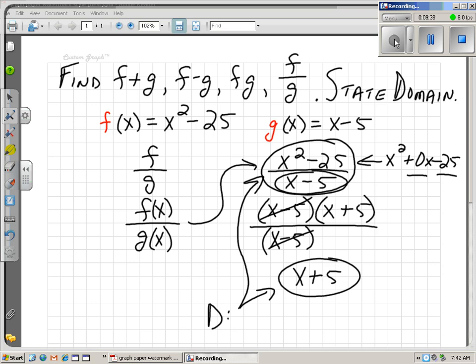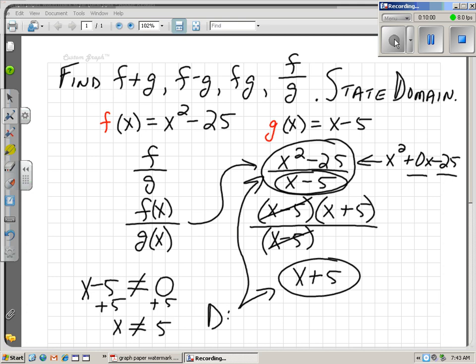Remember that our denominator cannot equal 0. So I'm thinking x minus 5, my denominator, cannot equal 0 because we can't divide by 0. So if I solve that, if I just add 5 to both sides, I find out that x cannot equal 5.